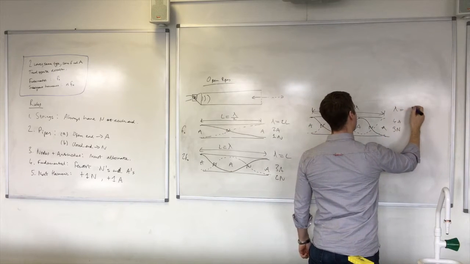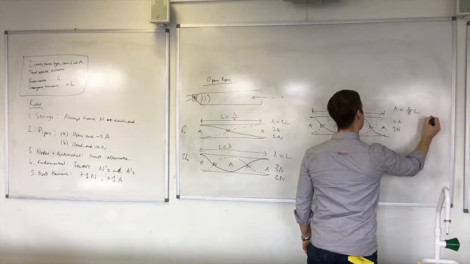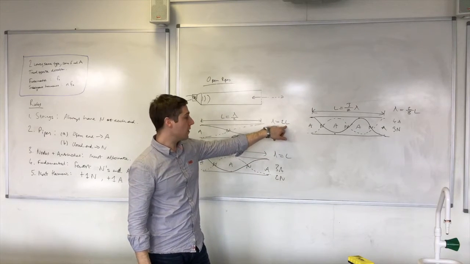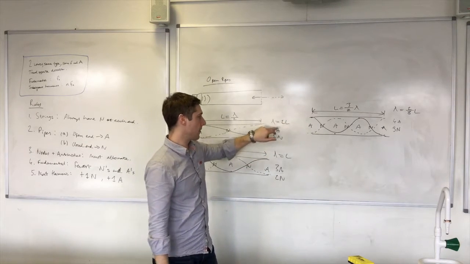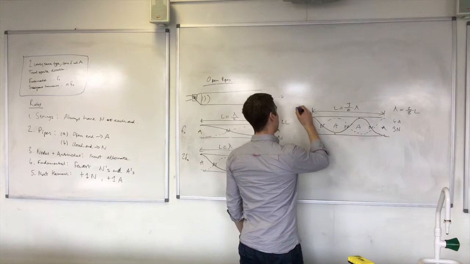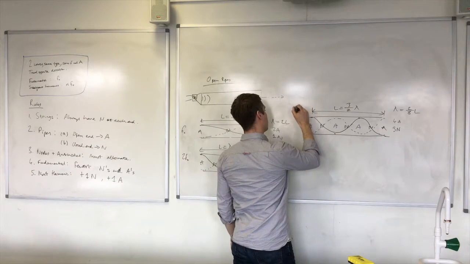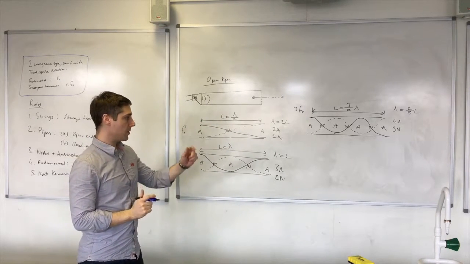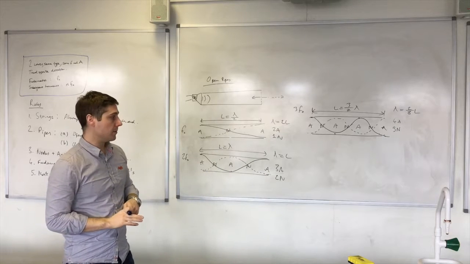So lambda is 2/3 of L. Just like with the strings, that's a third of the fundamental wavelength, so frequency is tripled. 3f0 for that harmonic. And that's the third harmonic.